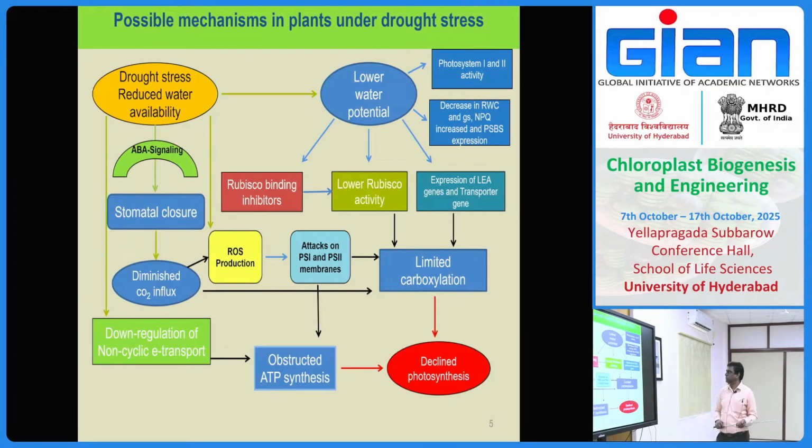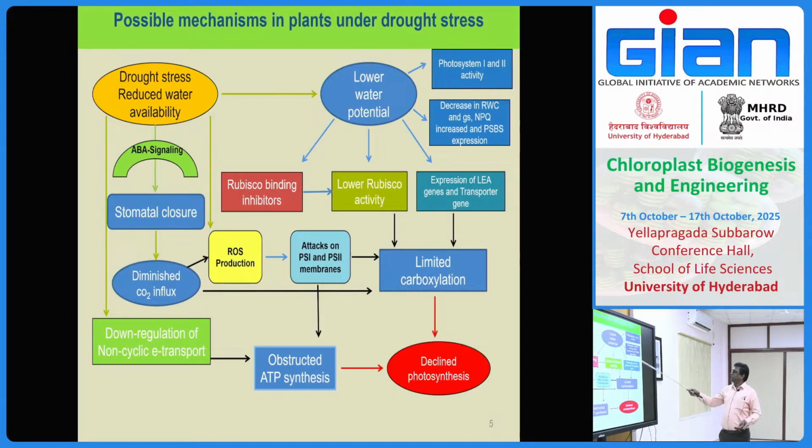That means energy will not be synthesized. Lower water potential affects the plant, and Rubisco activity is lower. If Rubisco activity is reduced, obviously there are fewer carbohydrates, and many other biomolecules will not be synthesized.